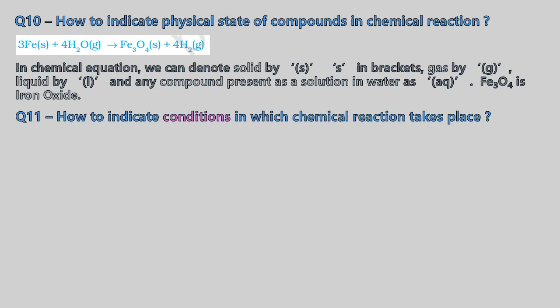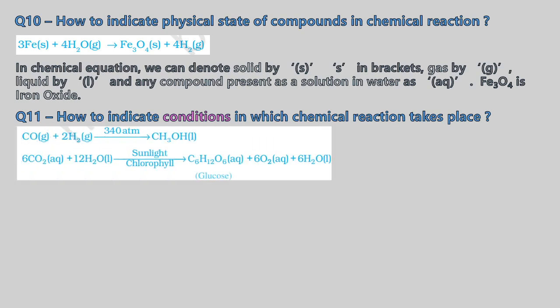How to indicate the conditions in which a chemical reaction takes place? You can write it on top of the arrow, at what conditions the reaction will take place. For example, if you take CO, carbon monoxide, which is a gas, and 2 molecules of H2, hydrogen, and you apply pressure on it, that is, you compress them to 340 atmospheres.